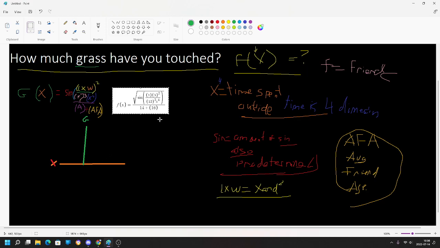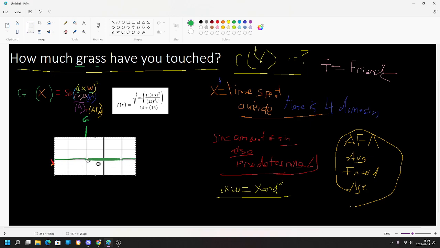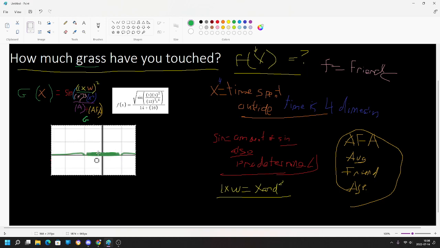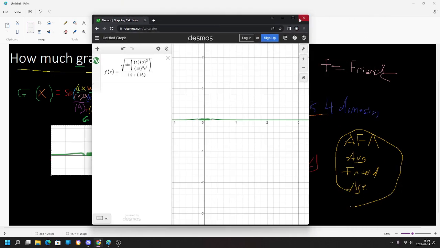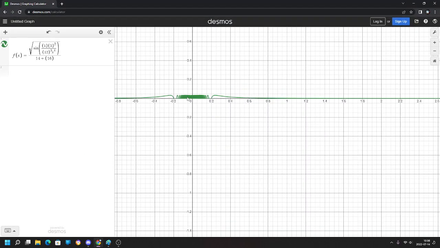And this function looks something around the lines of this. Because as kids get older, people don't go outside as much because they have stuff that they need to do, and you get this function right here.